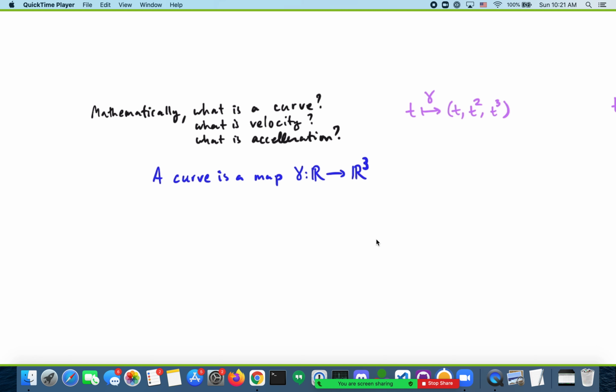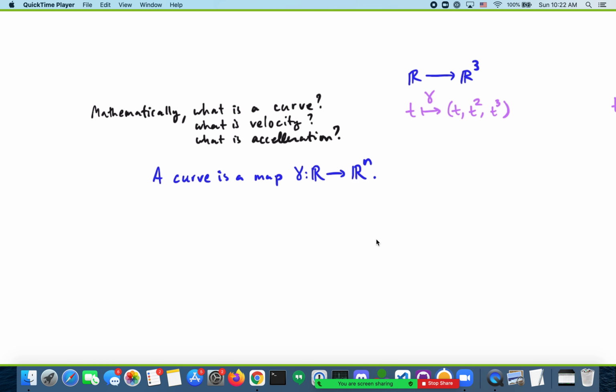And if it's a space curve, then it goes to R3. If it's a plane curve, it goes to R2. It can go to Rn. In fact, we'll see curves in R6 to describe planetary motion. But this one right here maps from R to R3 in our first example. And so that's the curve.